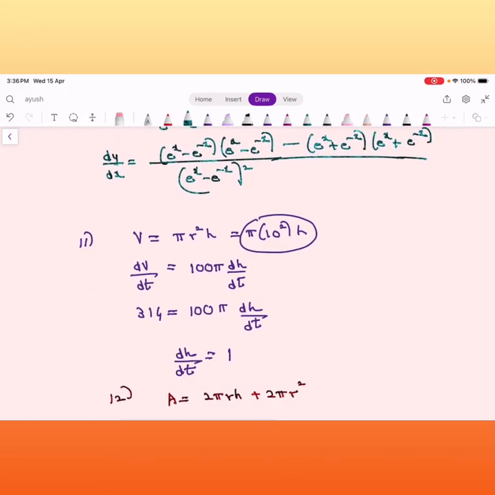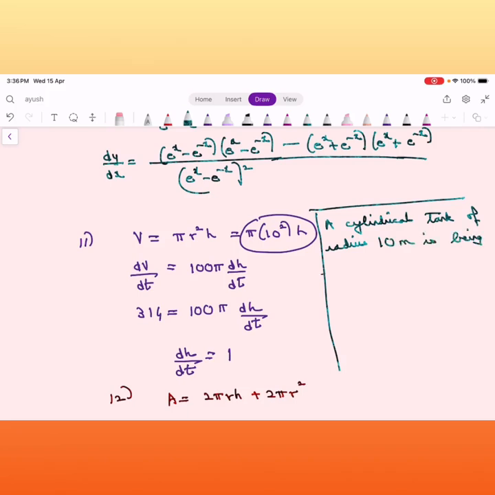Okay, let's go to the next question, and that is a cylindrical tank of radius 10 meter is being filled with wheat at the rate of 314 cubic meter per hour.